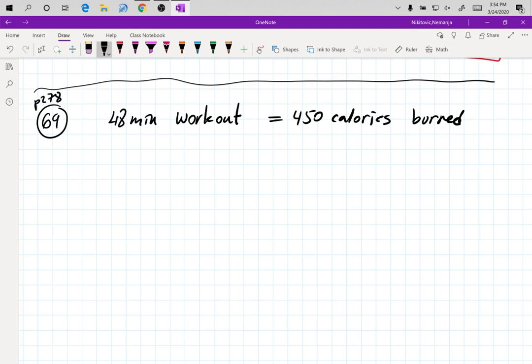Now, there are two different exercises that are done. So 48-minute workout, 450 calories burned, but there are two different exercises.